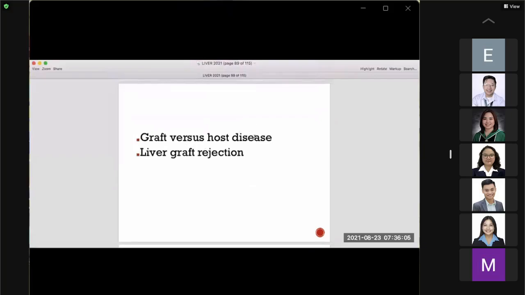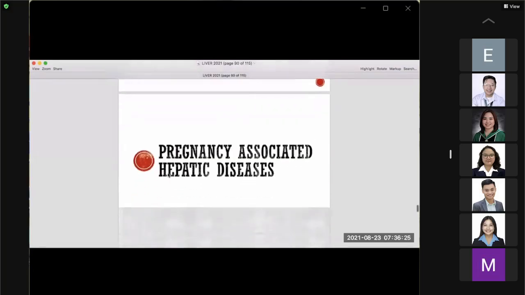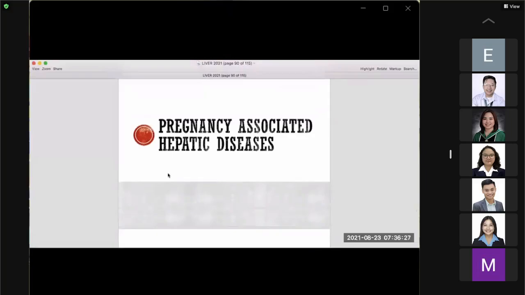So what we do is most of the time you look for a compatible donor. However, as I've mentioned, it's not 100% success rate. So there can be a graft versus host disease or liver graft rejection. Okay. We also have instances that we encounter hepatic diseases in pregnant women.